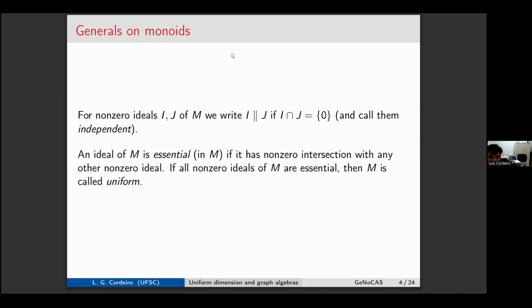So in this case, the ideals are independent if they satisfy the property which is analogous to independence of ideals in the context of rings and also in the context of lattices.